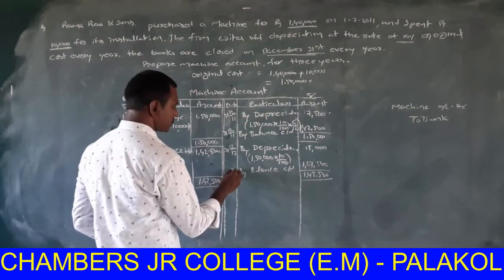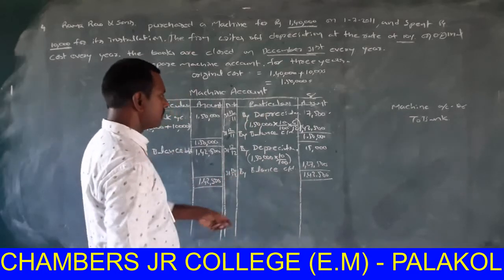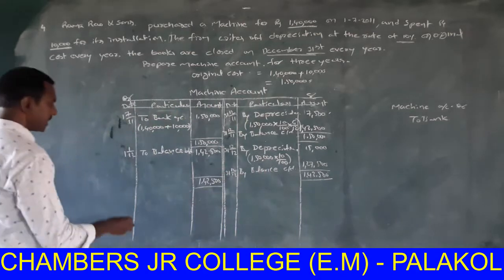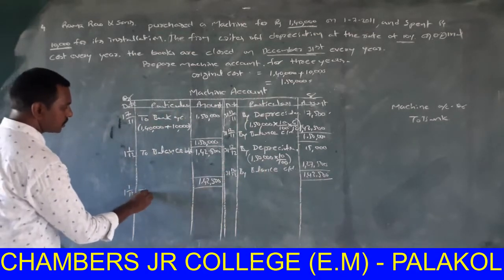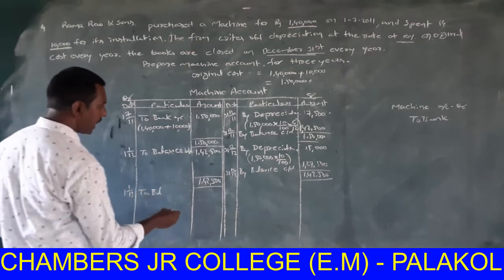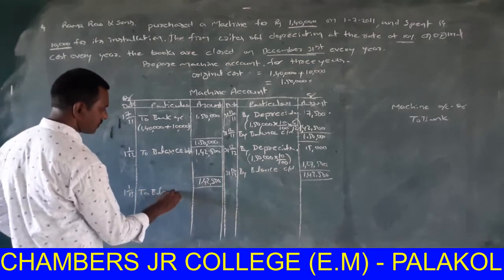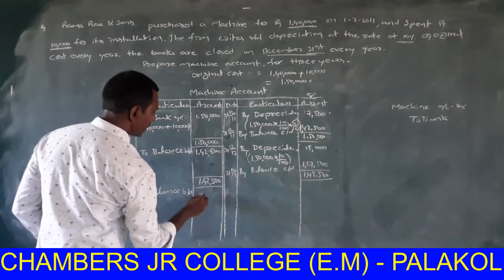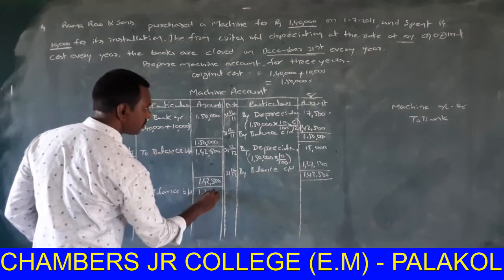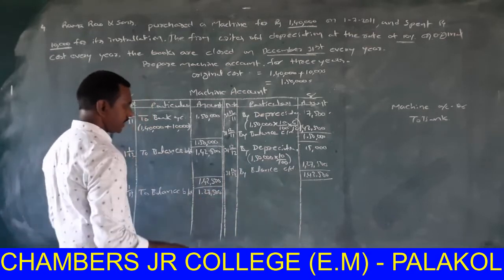Same date, 31/12/2012. The balance is transferred to next year, 1/1/2013, to balance brought down 1,27,500.